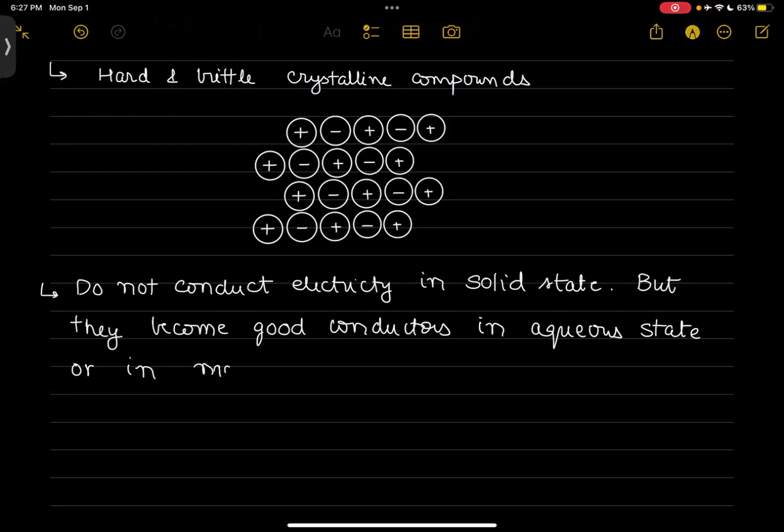Then also the ions can move easily, got it? So they do not conduct electricity in solid state, but they are good conductors in aqueous state or in the molten state. I hope this is clear, right? Yes, sir.